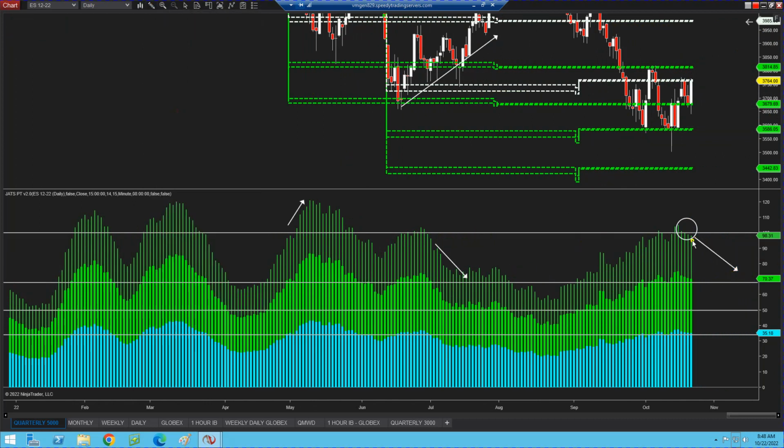So I don't know if it's going to decelerate or hit this 2 again and double bottom back down. We don't know what's going to happen. Powell could open his mouth and say, I'm really going to just raise rates to 100. I don't know what he's going to say.